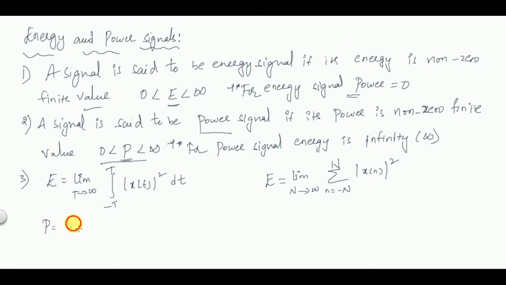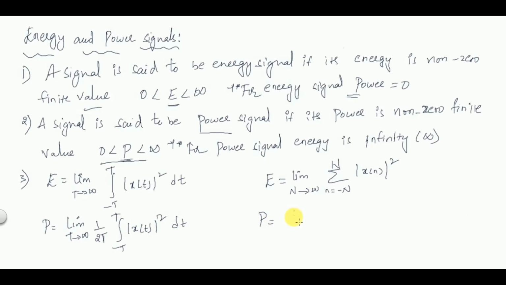And to find the power, limit as T tends to infinity, 1 by 2T, integral from minus T to T, mod x of t whole square dt.